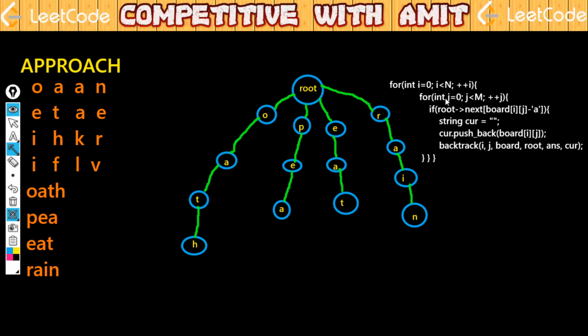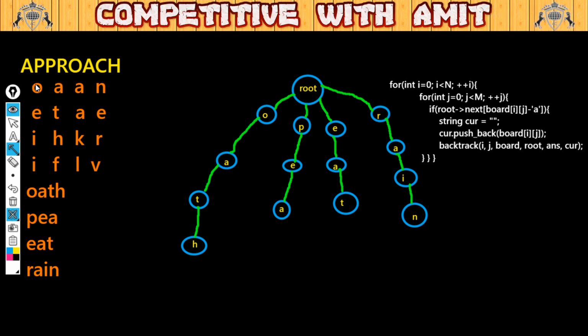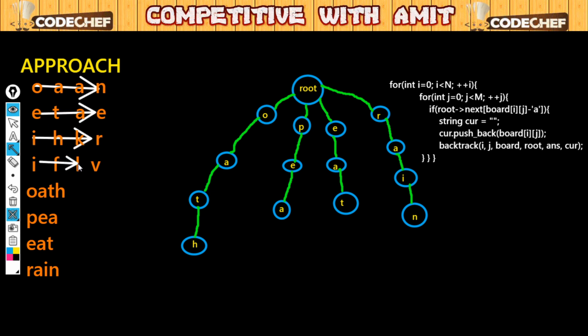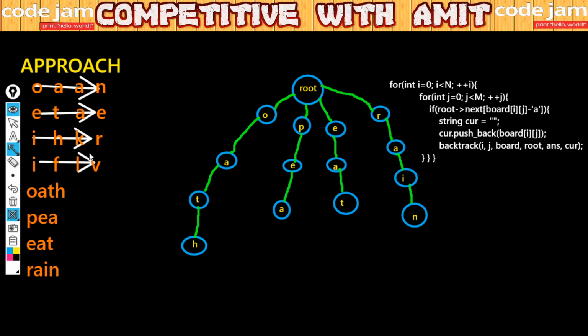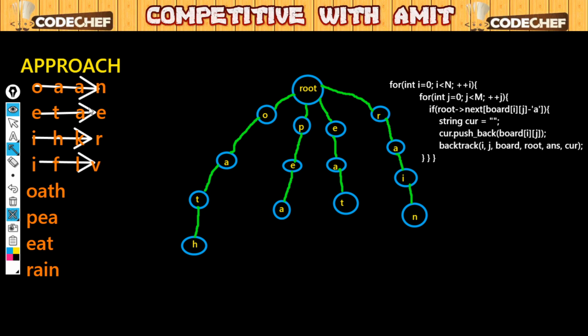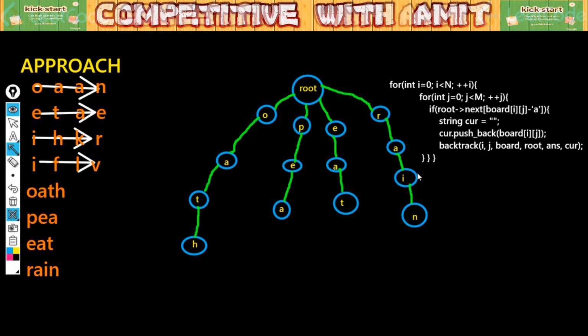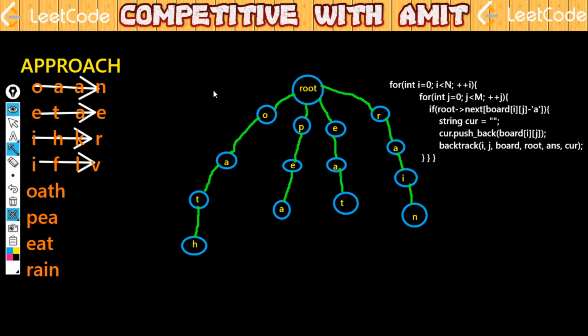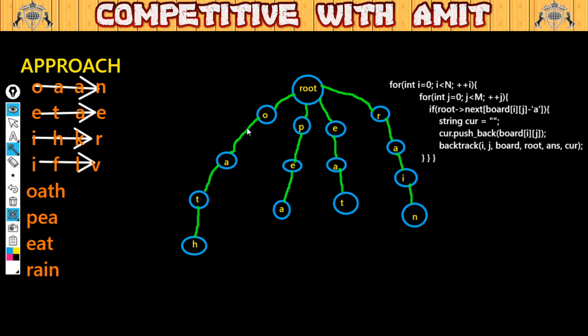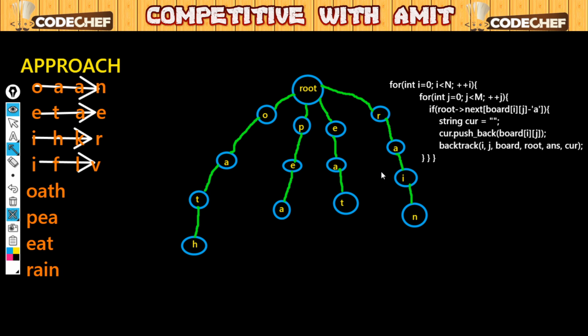We will check with the help of i and j, which will go from here, then this first line, then this second line, then this third line, and now this fourth line will be iterated. At any point, if we find the value, then we will call the backtracking function, in which I have done the backtracking part, and then we will iterate over all the values of this root or this trie.